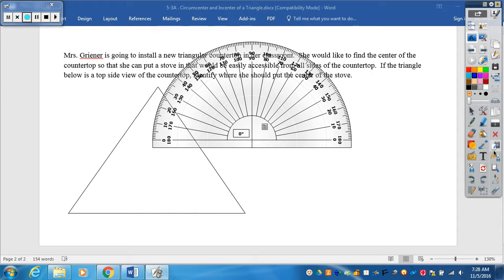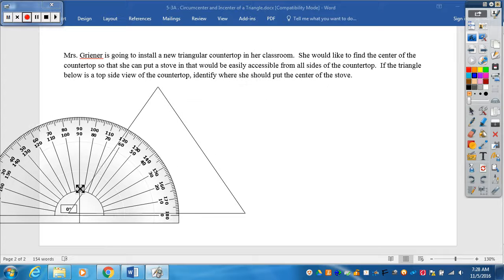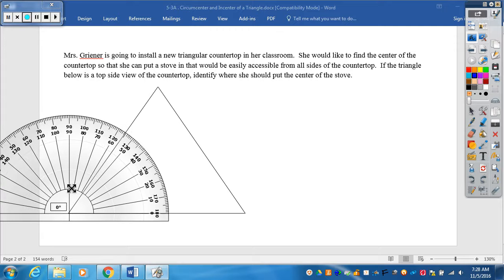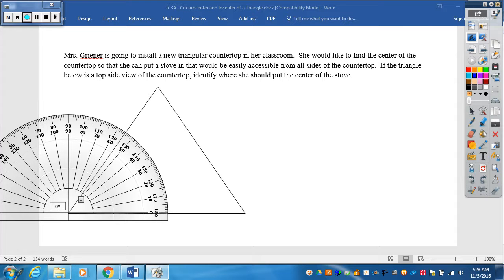Okay. Well, here's what we're going to do. If you go ahead and pull out a protractor, we're going to measure each of these angles. So if I go down and measure this angle right here, that angle measurement looks like 55 degrees, and I want you to bisect that angle measurement. If I bisect that 55 degrees, we're looking at 27.5. I'm trying to be as accurate as possible.